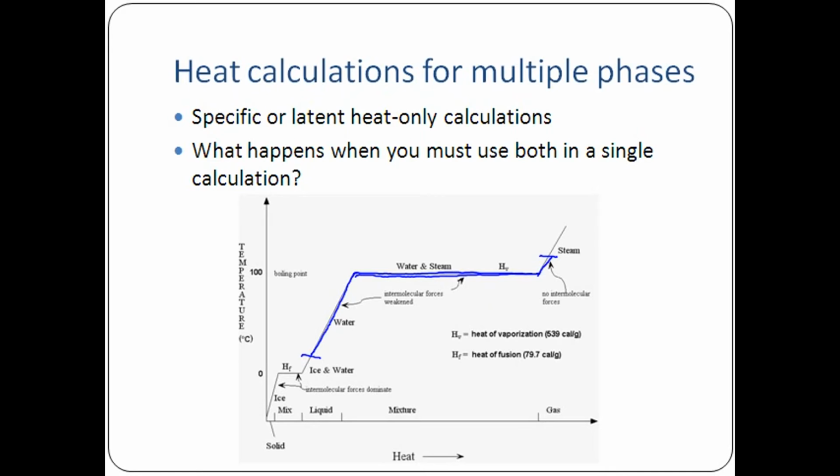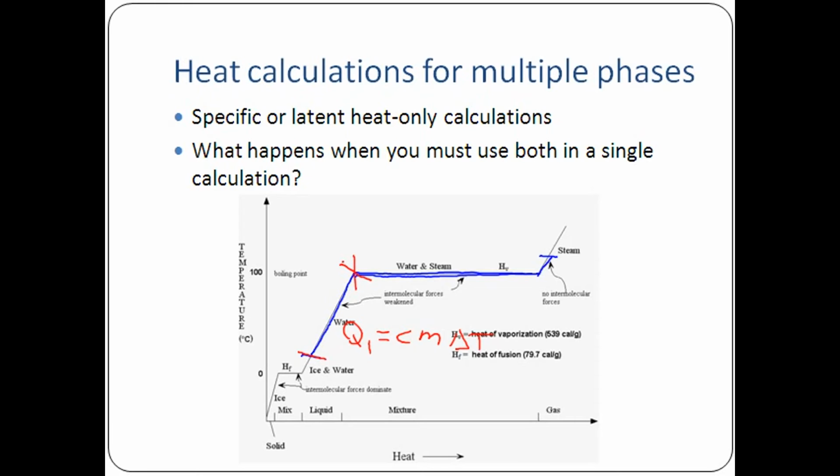The first part is on the first section, going from where we started at 10 degrees up to the end of the water section right up there. And for that, instead of just Q, we're going to call it Q1, the heat for the first section. Because we're in a temperature change section, it's going to be Q equals Cm delta T.